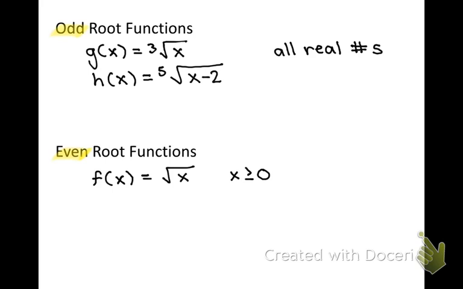Whatever expression is underneath that radical has to be greater than or equal to 0. Okay, so let's set the expression under the radical greater than or equal to 0 and solve.